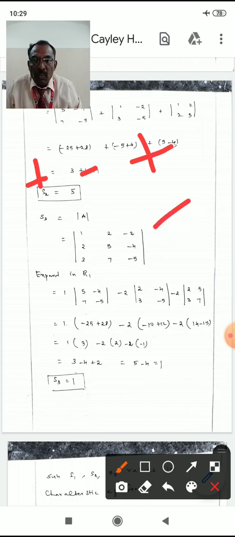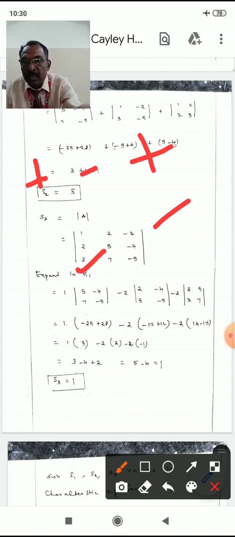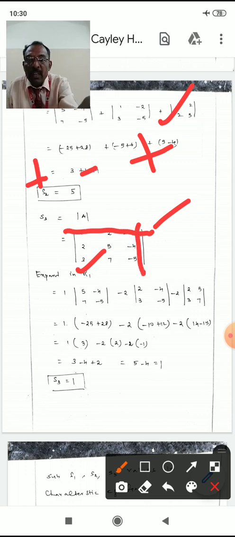First we take plus 1, ignore the first row and first column, then take the determinant of the remaining 5, minus 4, 7, minus 5. Next one is minus 2, so we ignore the first row and second column, the remaining are 2, minus 4, 3, minus 5. Last one is plus into minus 2, located in first row and third column, we ignore the first row and third column, the determinant of the remaining 2, 5, 3, 7.